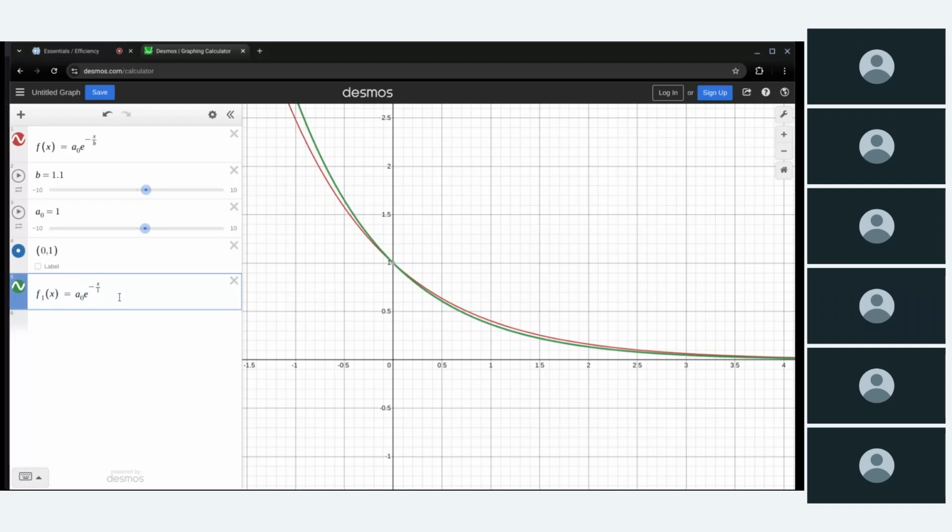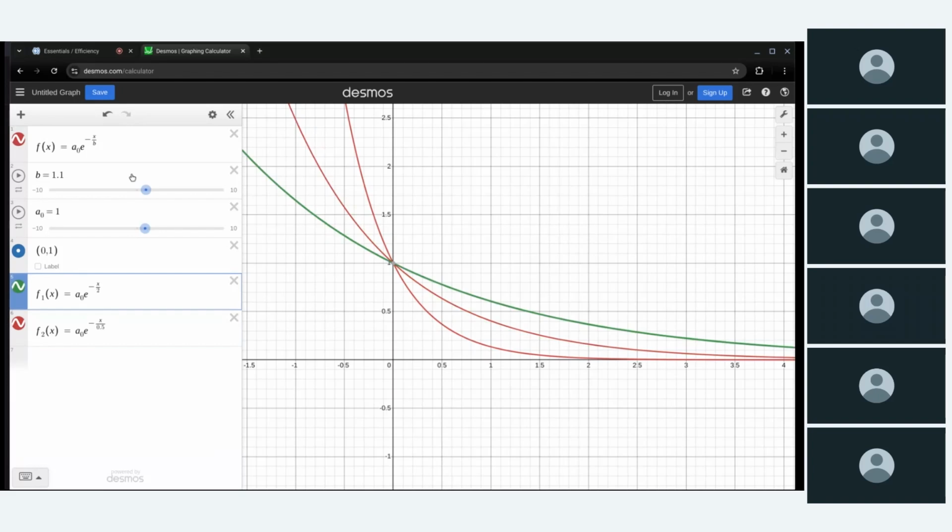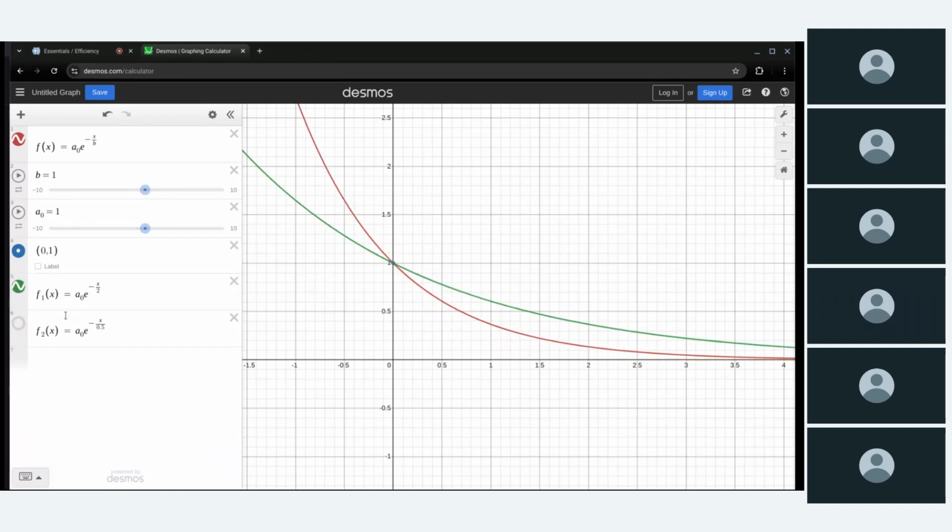Let's have 2 more functions. For F2, make tau 0.5, and let's compare it with respect to 1. If you increase the parameter, the green curve shows slower decay. If you decrease the parameter, you get a faster curve, a faster decay. Let's pick a slightly contrasting color.